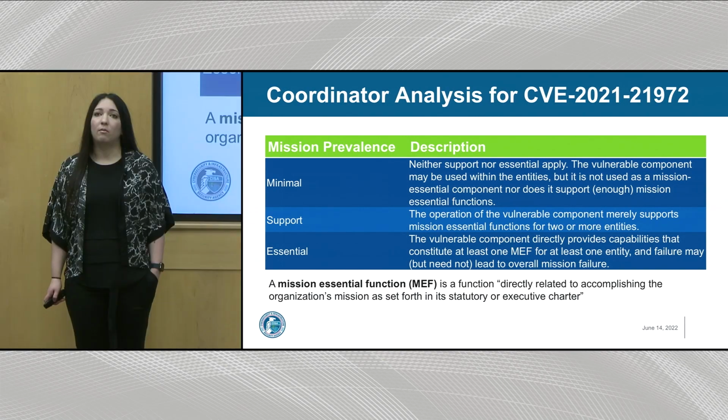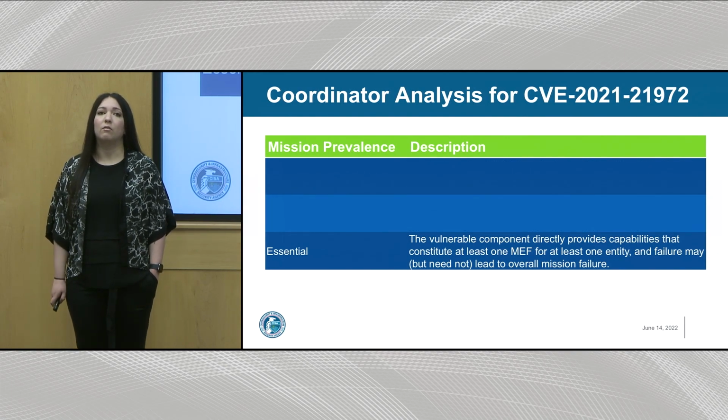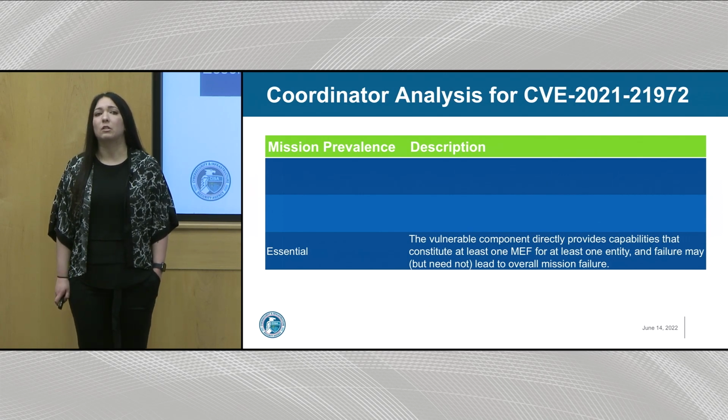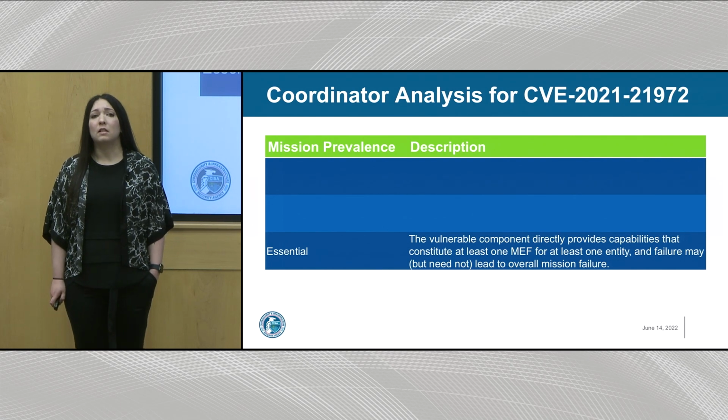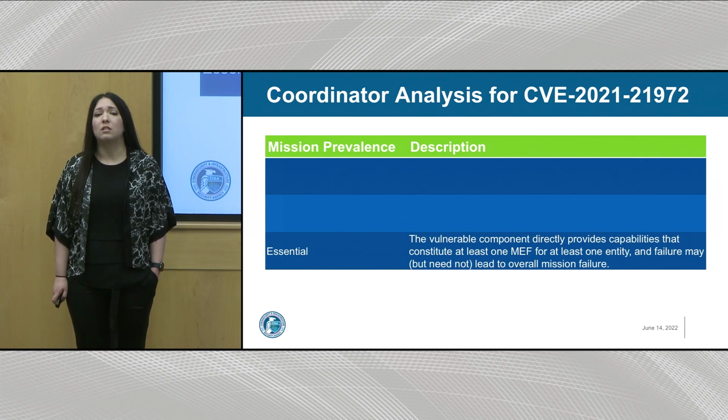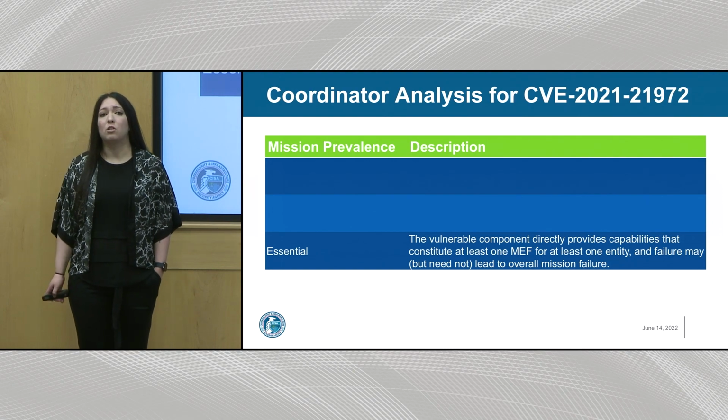Based on the prevalence and the functionality of the product, VMware vSphere would rate at essential. The vulnerable component directly provides capabilities that constitute at least one mission essential failure for at least one entity, and failure may, but need not, lead to overall mission failure.